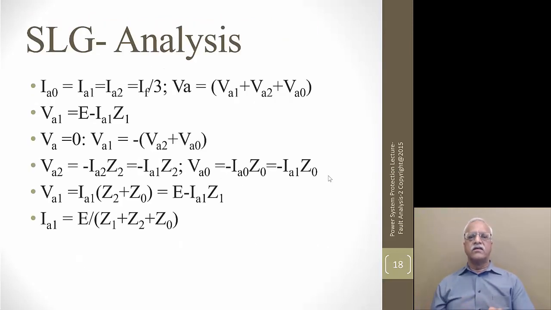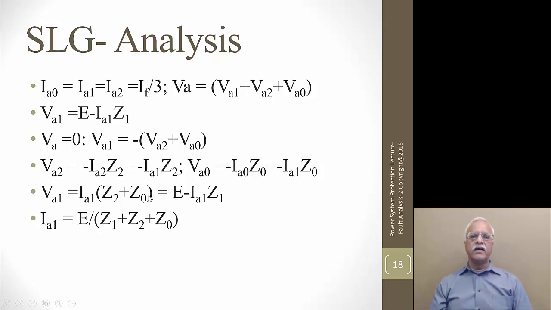And then VA equals zero, using that equation, I write down that the positive sequence voltage will be equal to the negative of the sum of the negative sequence voltage drop and the zero sequence voltage at the fault point. Now we know that VA2 is minus IA2 Z2, and because IA2 and IA1 are the same, I can write this as minus IA1 Z2. VA0 is minus IA0 Z0, which I can write as minus IA1 Z0. So VA1 will be IA1 times Z2 plus Z0.